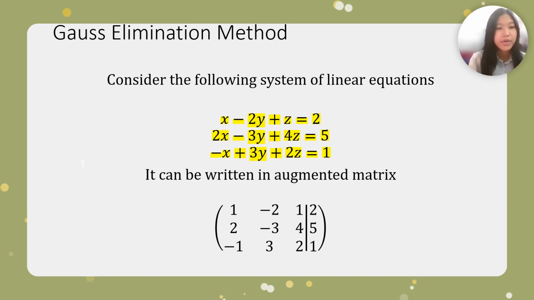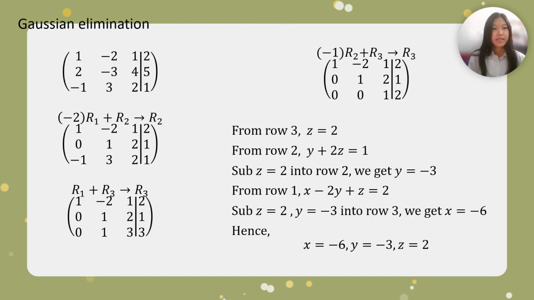The first step is to construct the augmented matrix, taking the coefficients of all these numbers. Step 2 is to use ERO to transform this matrix into echelon form, so that the entries below the leading one become 0.